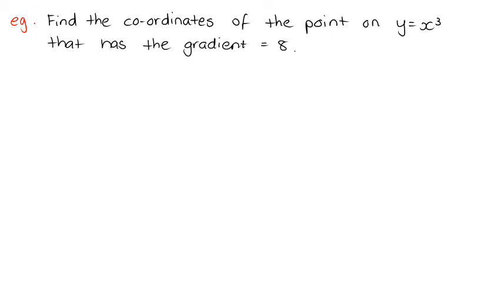First of all, it's y equals, so how do we denote the derivative? Yep. dy dx. What's the derivative of x cubed? 3x squared. Good. We know that that derivative is going to be the same as the gradient because they mean the same thing. So we can say 3x squared equals 8. What does x equal?